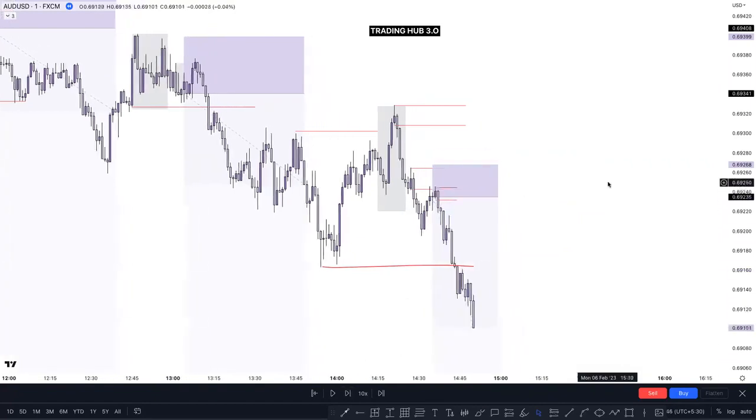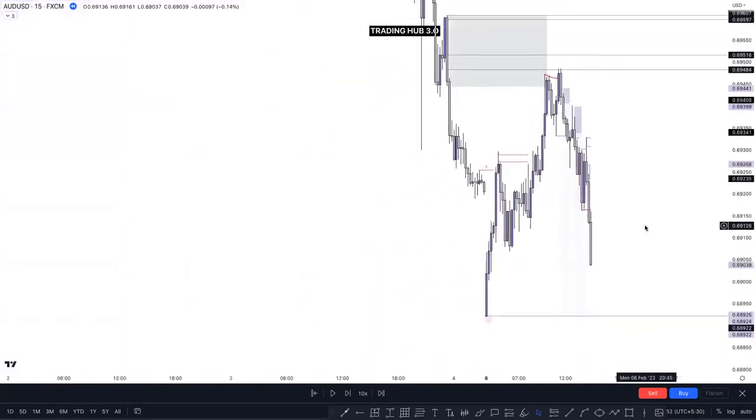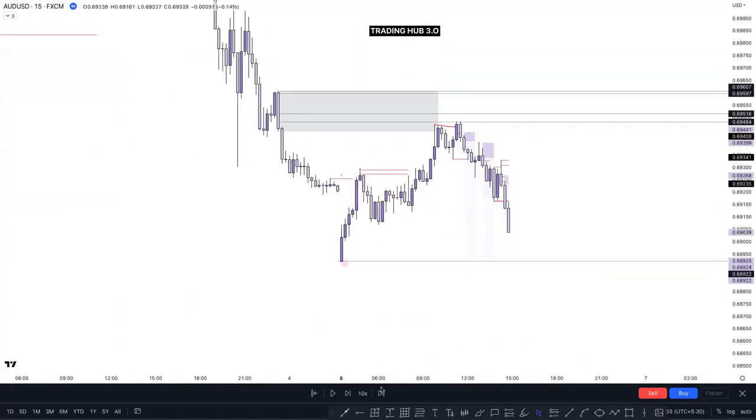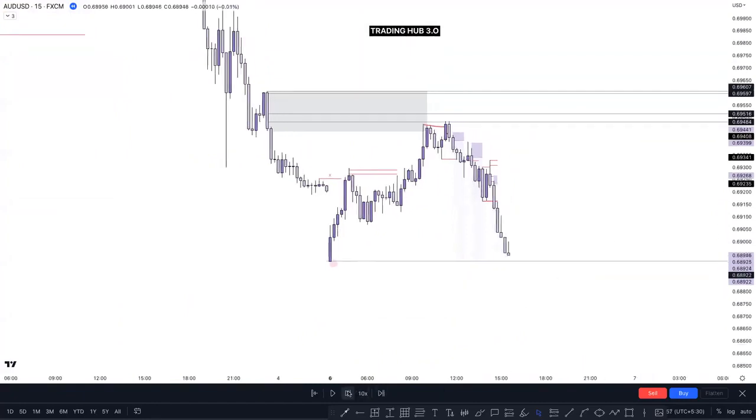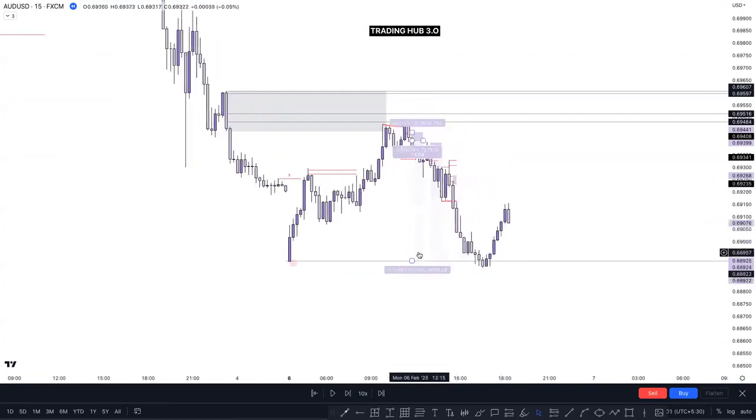Okay, no mitigation. Now again, you have to switch here to a 15-minute time frame to check the previous candle, to see if everything is fine or not. Let's see. Okay, right, it broke this low and all targets were achieved here. Right, now the next question is how you can trade this move here.